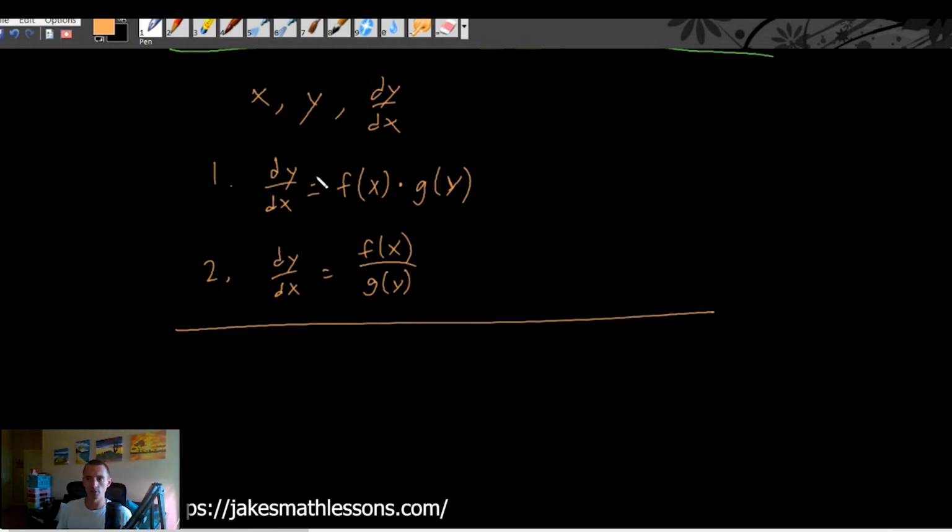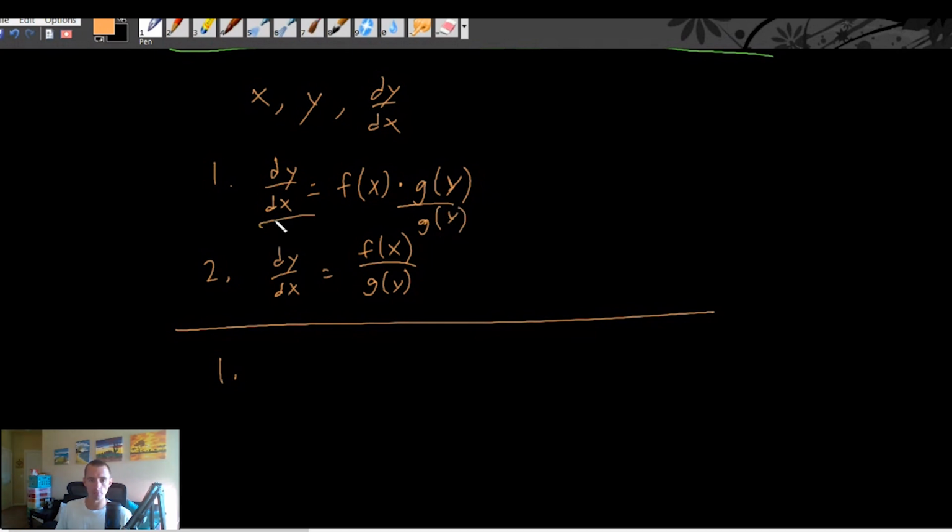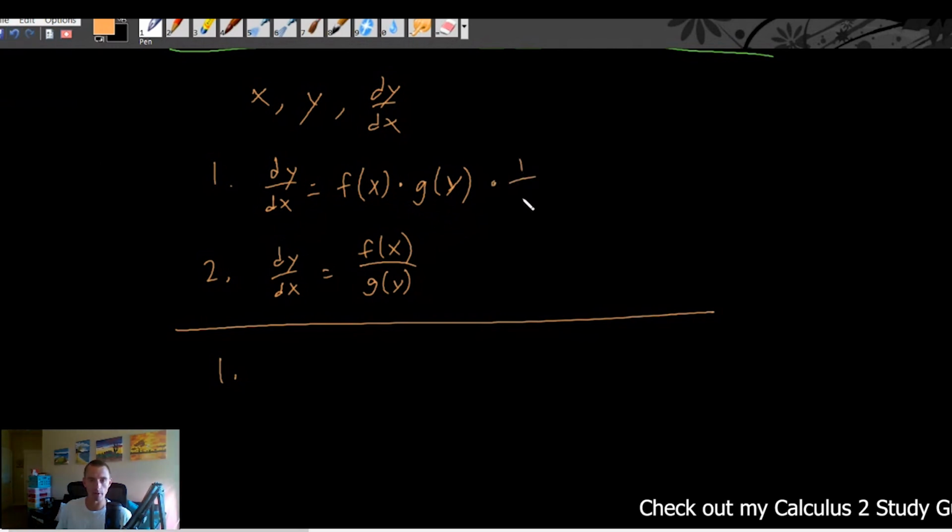Depending on which of these two forms you got to, the way that will work will be a little bit different. If you have form number one, your next step at this point is going to be simply to divide both sides of your equation by g of y. So you divide both sides by g of y, or in other words, multiply by 1 over g of y. That probably would be the better way to write this.